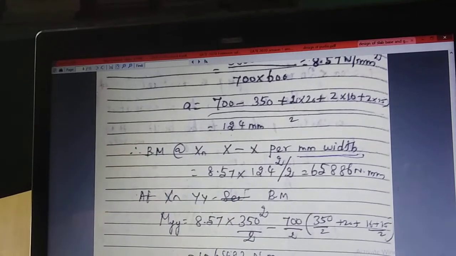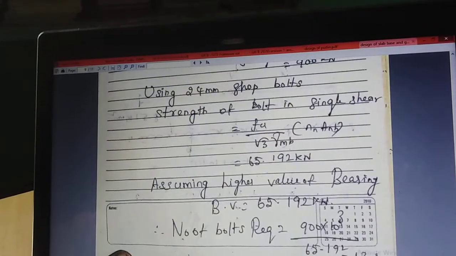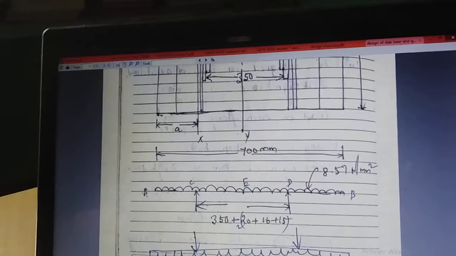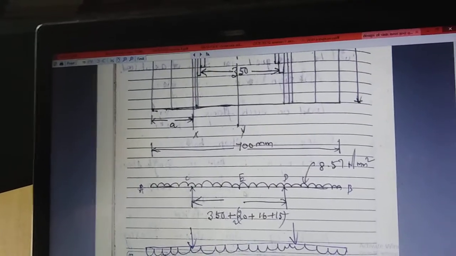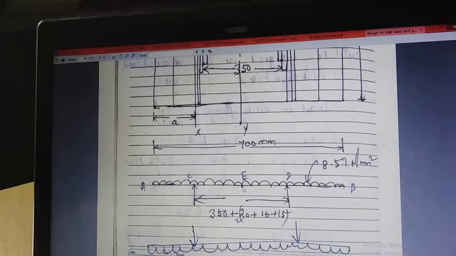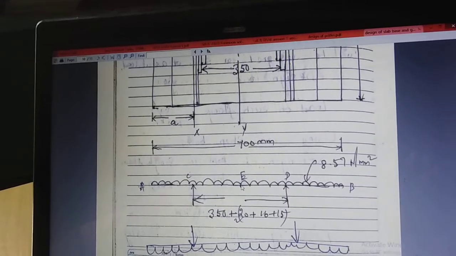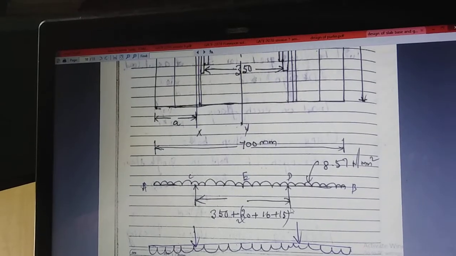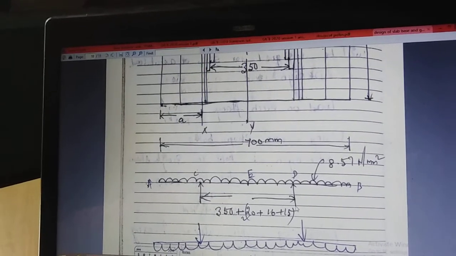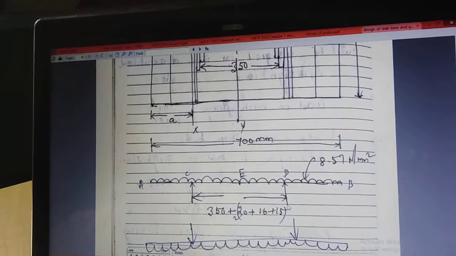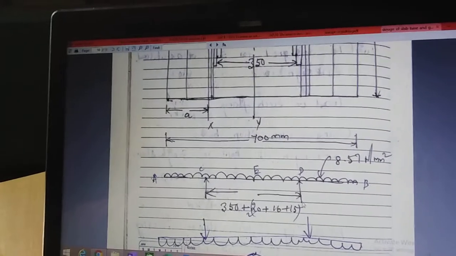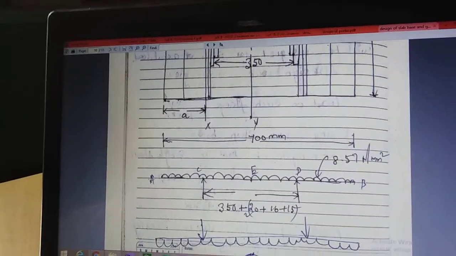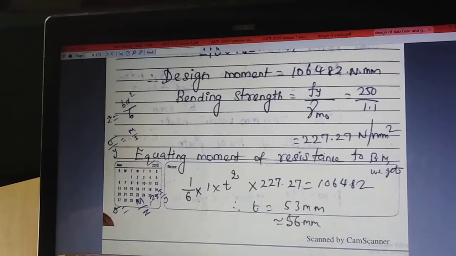Here I have chosen two critical sections. These are the two places having maximum bending moment. At this point we have maximum positive bending moment, and this is the point where maximum hogging moment will be there. So these are the two places where we have to calculate the bending moment.